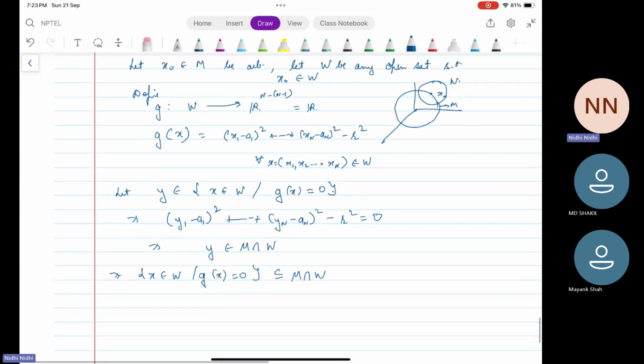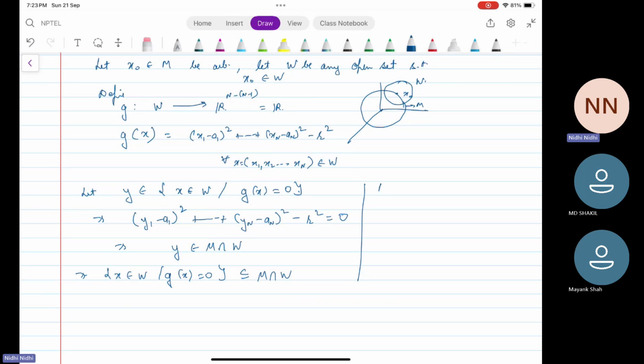Conversely, you can also see that if y is some element in M intersection W, then G(y) will be (y1 minus a1) squared, and so on up to (yn minus an) squared, minus r squared.